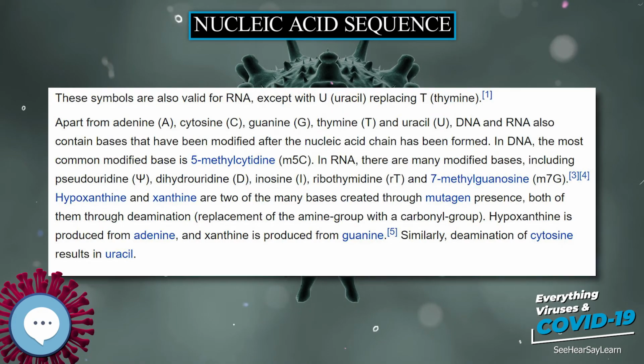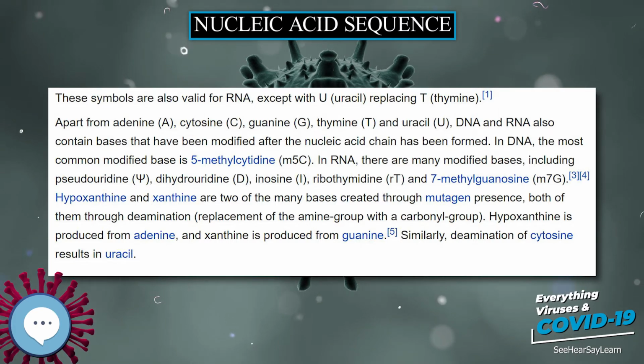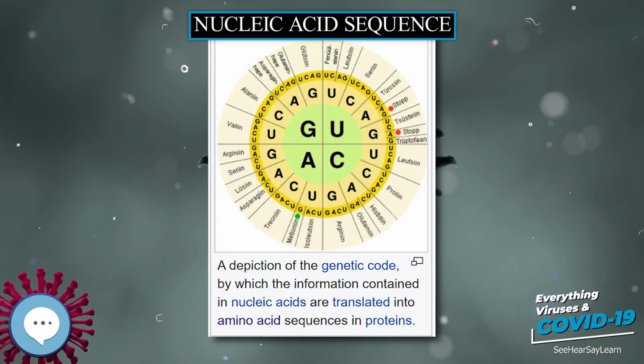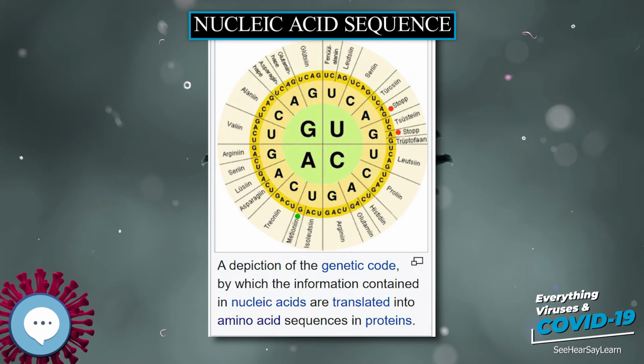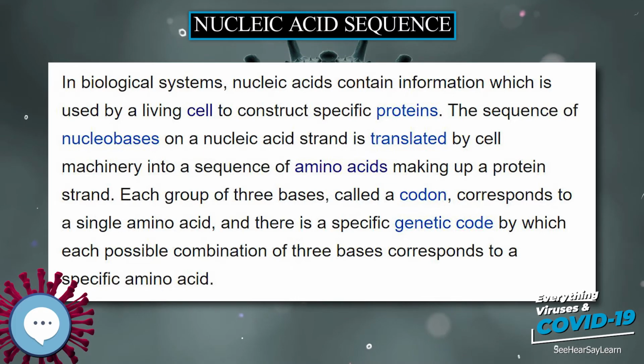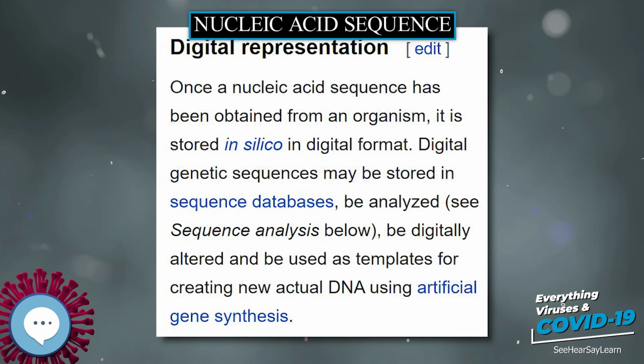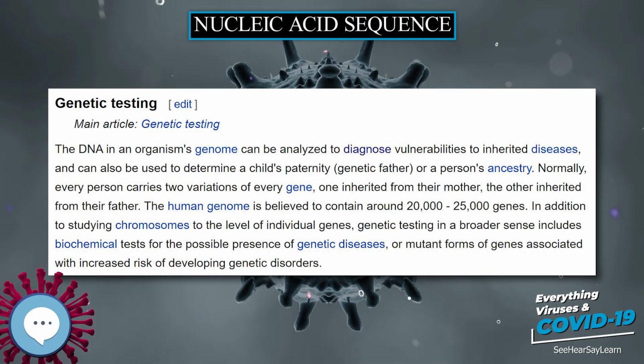Biological significance. In biological systems, nucleic acids contain information which is used by a living cell to construct specific proteins. The sequence of nucleobases on a nucleic acid strand is translated by cell machinery into a sequence of amino acids making up a protein strand. Each group of 3 bases, called a codon, corresponds to a single amino acid, and there is a specific genetic code by which each possible combination of 3 bases corresponds to a specific amino acid.